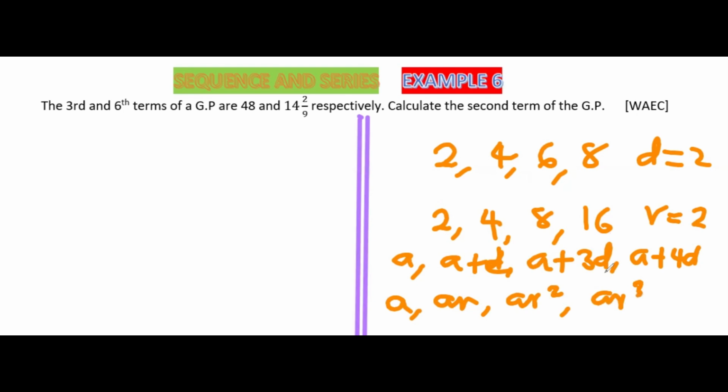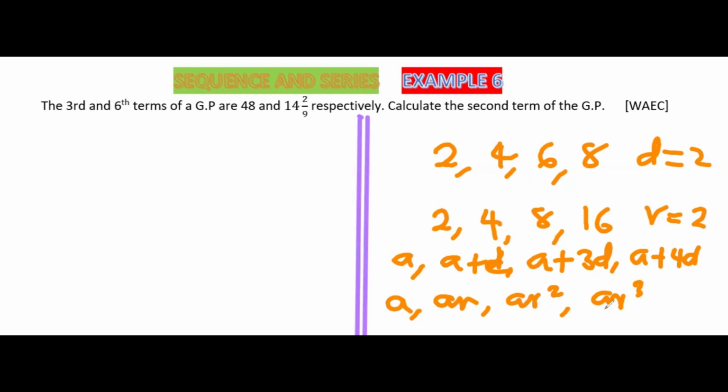So we can see why this one grows: here it is the coefficient that keeps increasing, and there it is the power of the ratio. This one is R to the power of 0, and R to the power of 0 is 1. 1 times A is A. R to the power of 1 multiply A. R to the power of 2 multiply A.